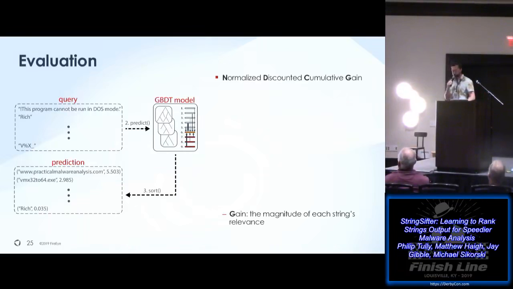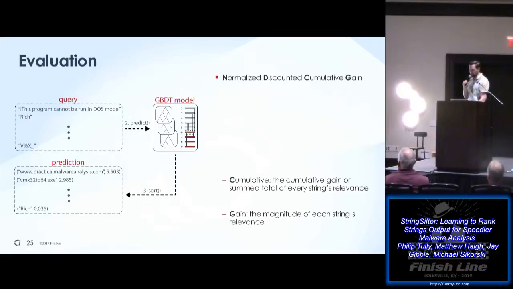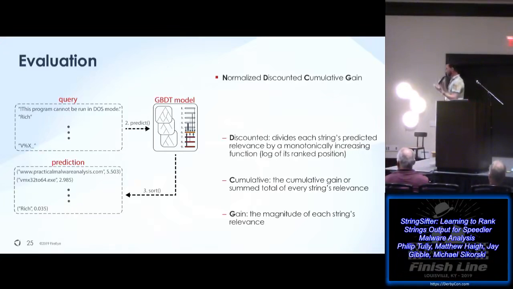The first portion of this, I'll start with the gain. It's the easiest. It's just the magnitude of each string's relevance. That's exactly what those scores associated with those strings correspond to. You don't care about one individual score. You care about the cumulative effect of all of these individual strings, so you want to add them up. But before you add them up, you want to apply some discount.